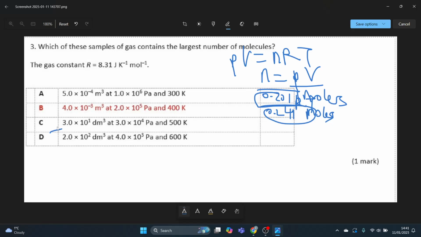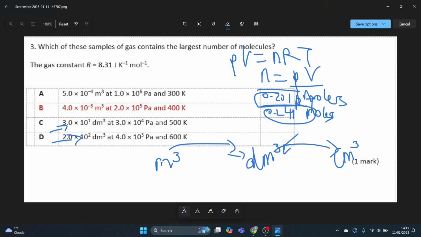In this case, we've got it in dm cubed. We have meters cubed, dm cubed, centimeters cubed. Just like the D block is in the middle of the periodic table, dm cubed contains D and is in the middle of these two. So I want dm cubed in meters cubed, so I need to divide by 1000, times by 10 to the power minus 3, aka divided by 1000.